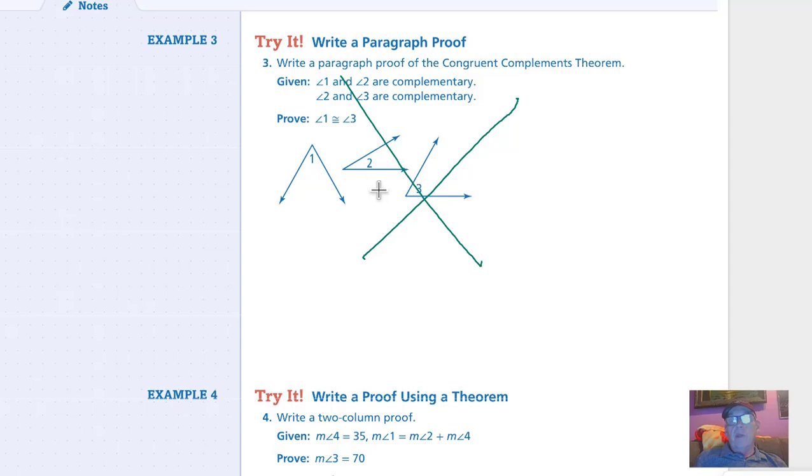So that would basically be the argument. Like we'd say, well, since angle 1 and angle 2 are complementary, and angle 2 and angle 3 are complementary, since angle 2 is congruent to itself, by the congruent complements theorem, it must be so that angle 1 is congruent to angle 3. That would be the paragraph type argument.